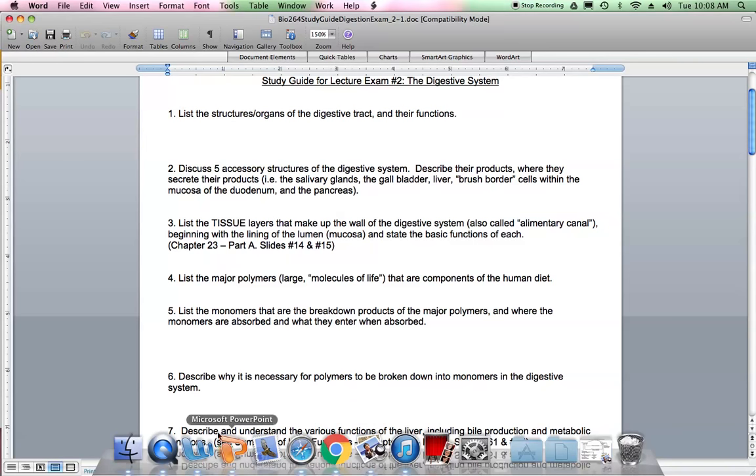So that's where they are broken down, but they're absorbed primarily into the bloodstream. The exception to that is that fats are absorbed into the lacteals of the lymphatic system. So, where they are absorbed and what they enter, it's primarily in the small intestine.